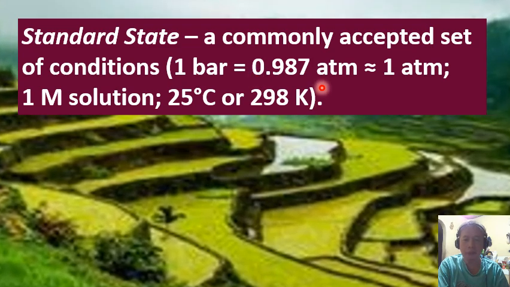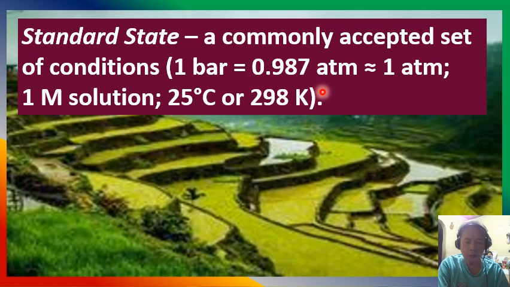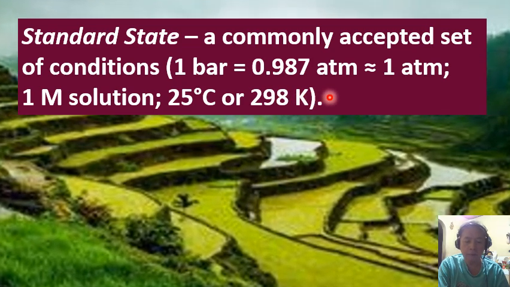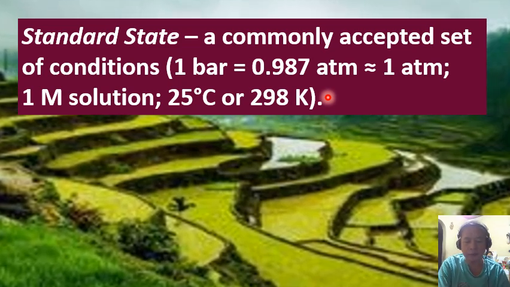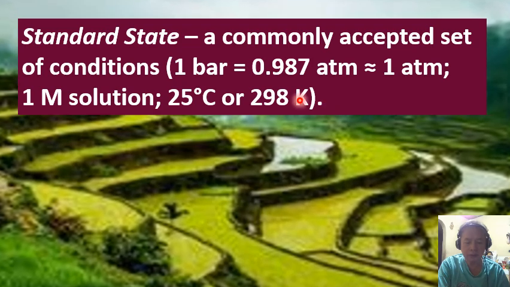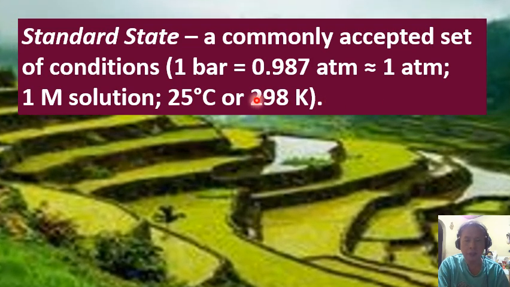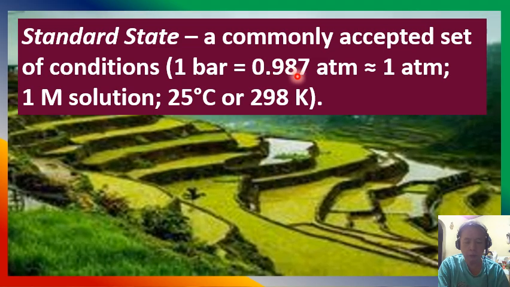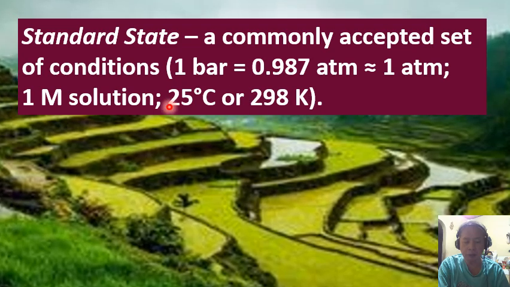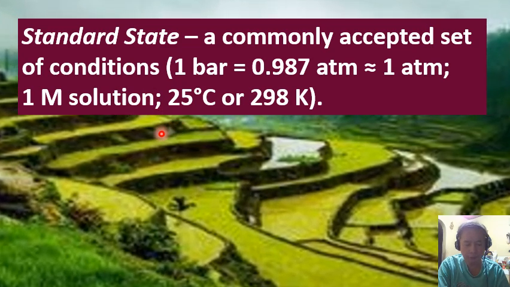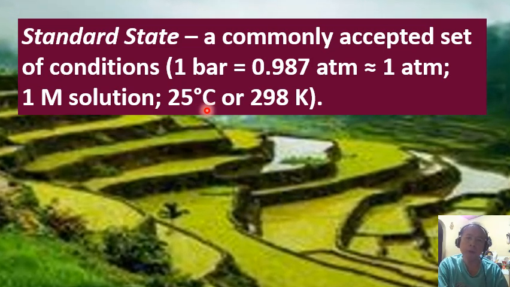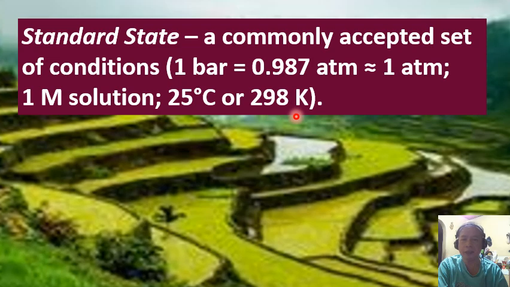For chemists, the IUPAC, or International Union of Pure and Applied Chemistry, standard state refers to materials under a pressure of 1 bar or 1 atmosphere and solutions at 1 molar, and a temperature of 25 degrees Celsius or 298 Kelvin.